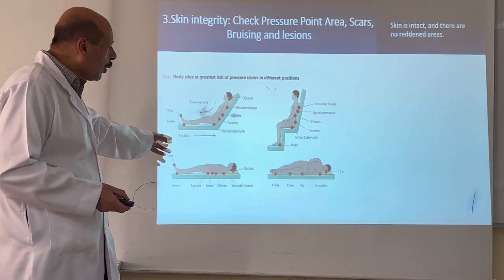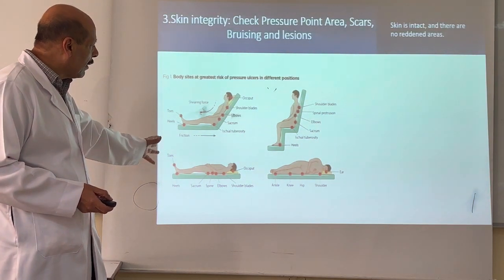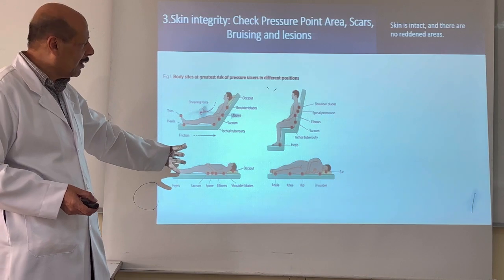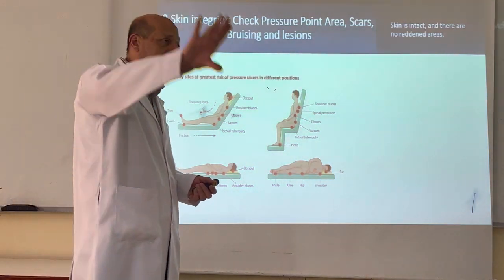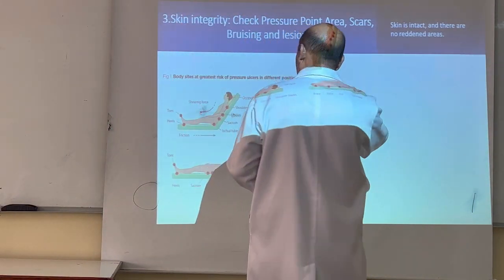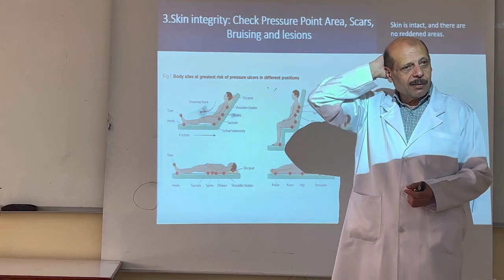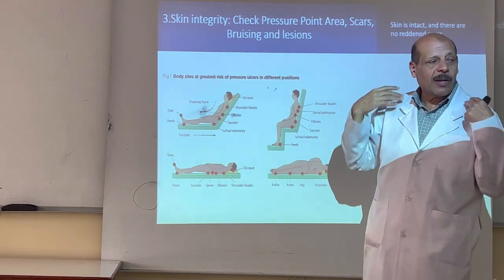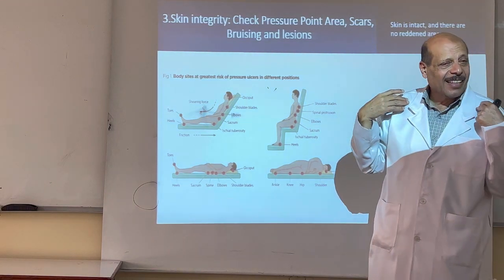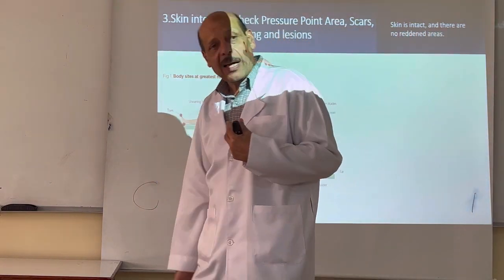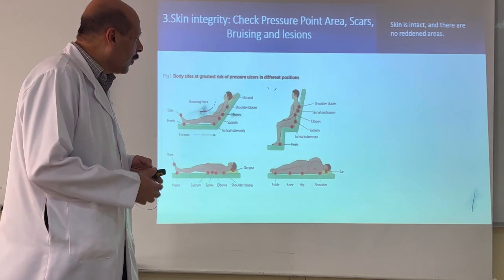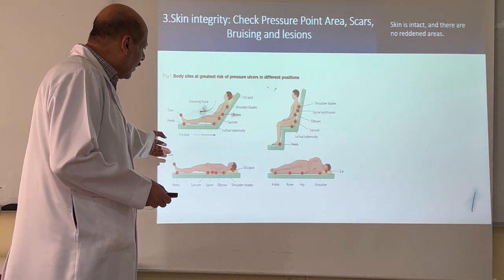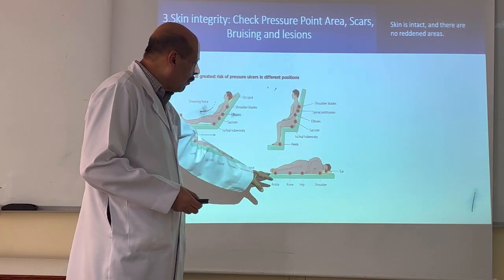So we have to look at the pressure point according to the position that the patient is having. Those who are lying on his back, the occipital part might be affected, and the shoulder over the bone prominent area, the buttocks, the calf muscle, and the heels. So it depends upon the position.